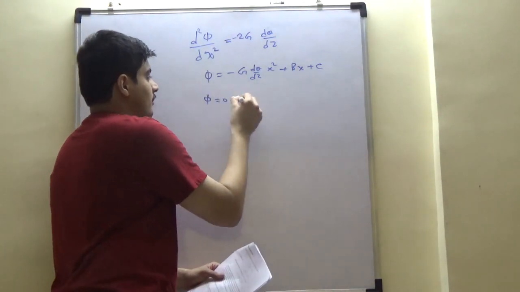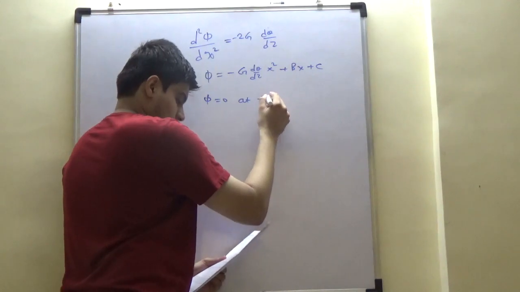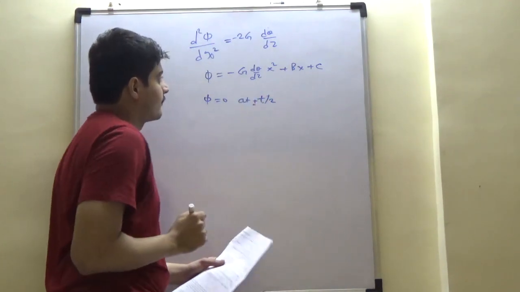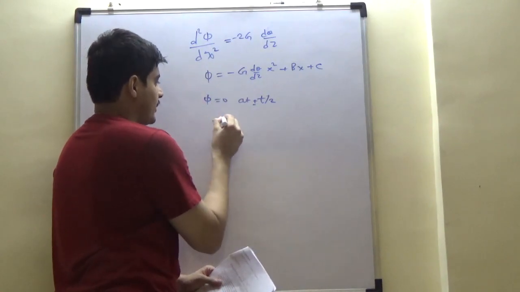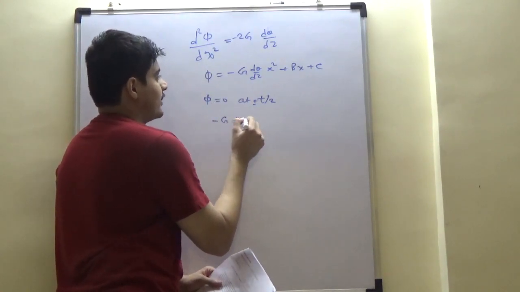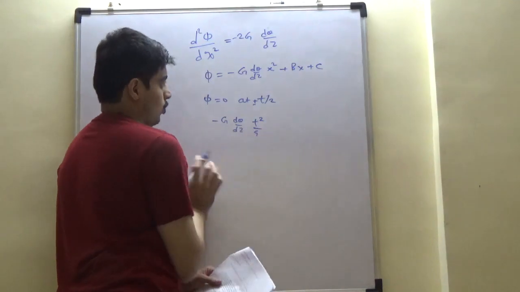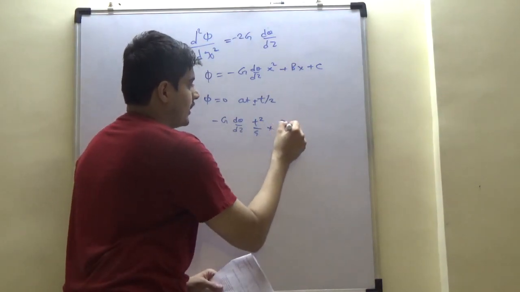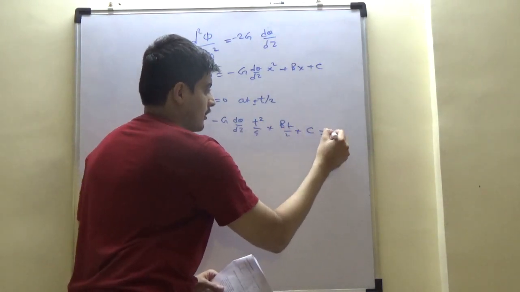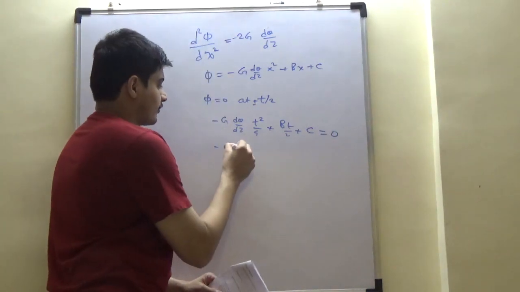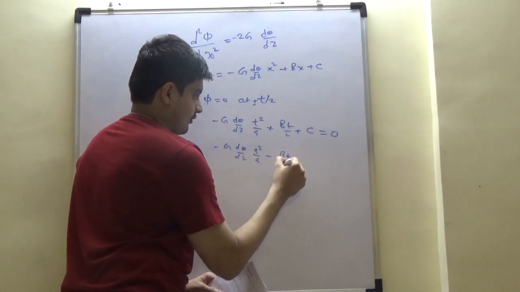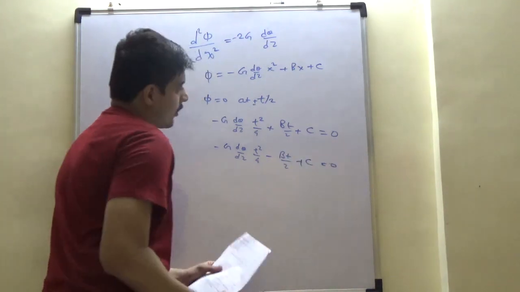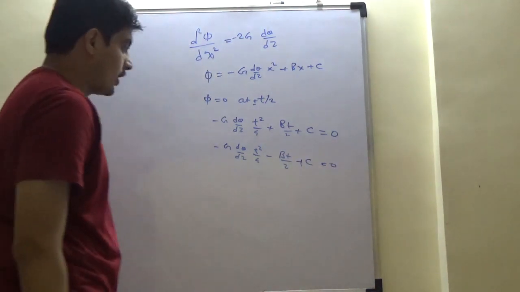Now phi is equal to 0 at plus or minus t by 2. If I substitute this, then minus G d theta by dz t square upon 4 plus bt by 2 plus c equal to 0. Two unknowns, two equations.